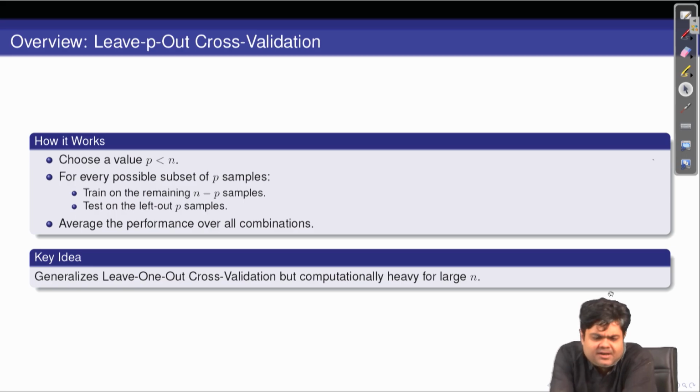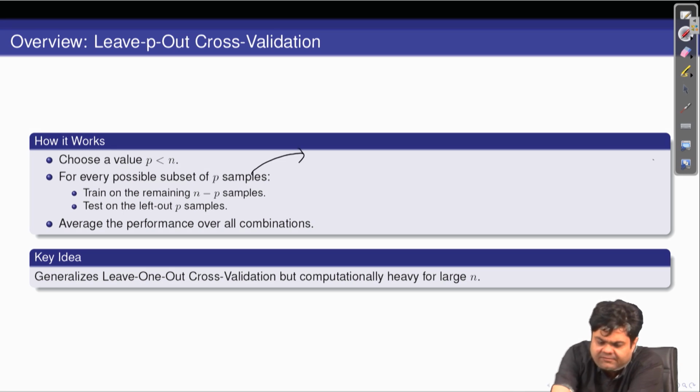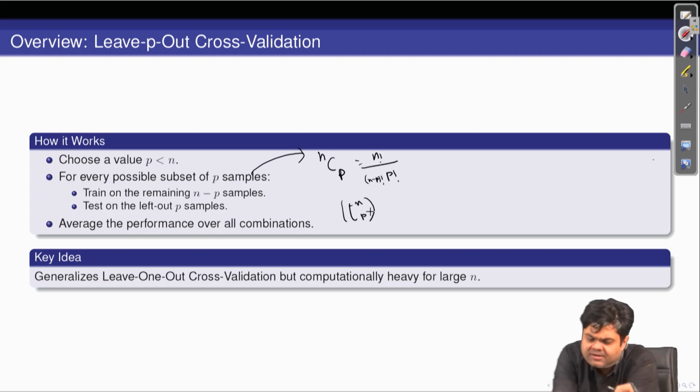So, another thing is leave-p-out cross validation. Choose a value p less than n. For every possible subset of p samples, this is basically, if you remember, nCp, which is n factorial over (n minus p) factorial times p factorial, also denoted by n choose p in some literature.